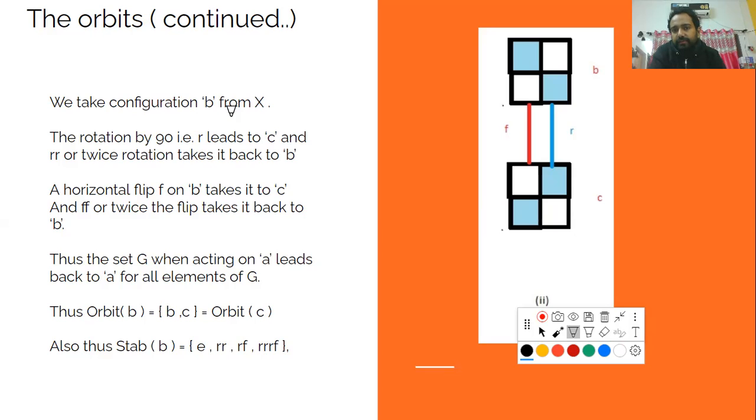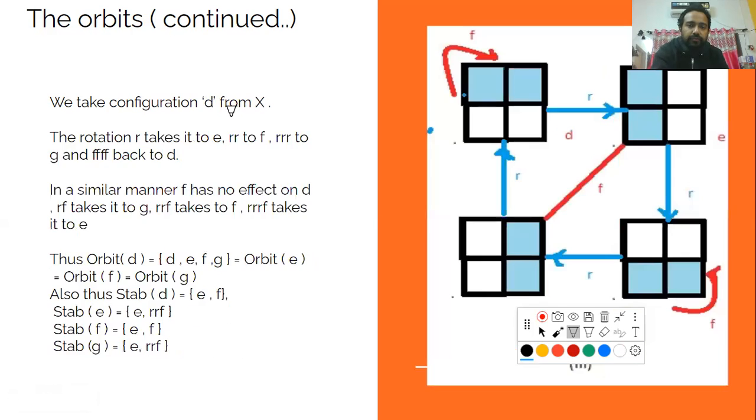As we could see, B, when acted upon by R, went to C, and when acted upon by R square, it goes back to B. When acted upon by R cube, again it comes to C. Similarly, when it is flipped, it goes to C, and double flipped, it goes back to B. So the only elements that B would lead to are C and B, and the only elements which C would lead to are also B and C. So B and C is the orbit of B and the orbit of C. And thus the stabilizer of B is also the stabilizer of C, which is this set, which we just found out.